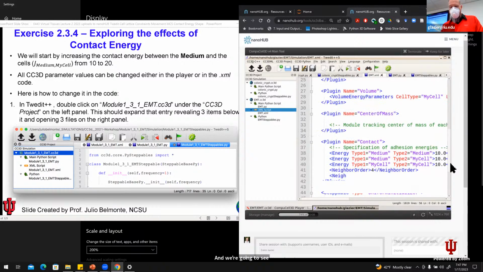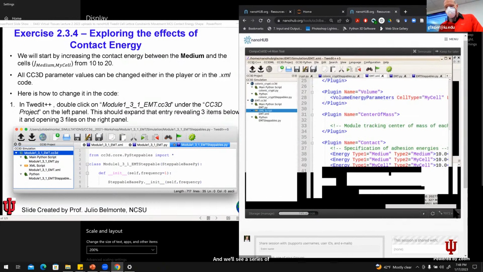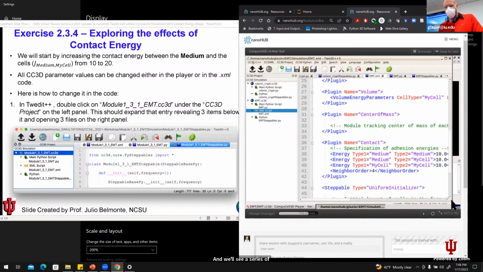Here in lines 36 through 42, it says plugin. Remember, energies are called plugins in CompuCell. Contact energy. And we'll see a series of lines: Medium, Medium, and then a number.